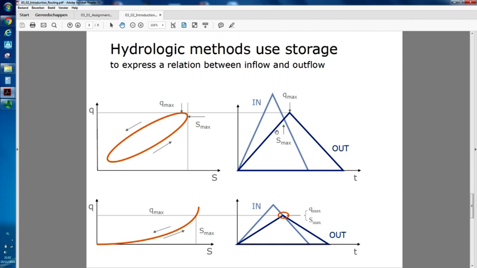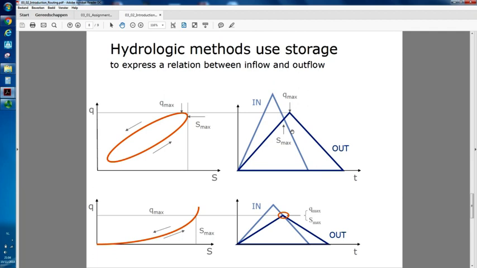And what we also know, of course, based on our continuity equation, is that this maximum storage value is just at the location where our inflow is equal to the outflow. Here we can see clearly that this maximum outflow value will be after the maximum storage value.